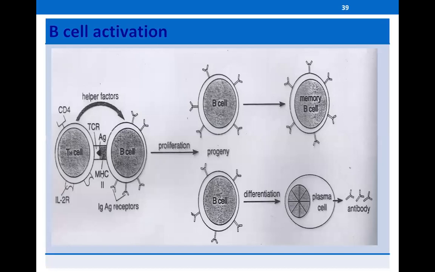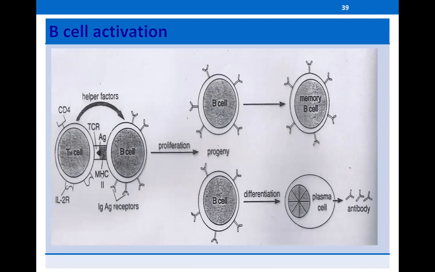Okay, let's talk about B cell activation and T cell activation. You've been hearing this differentiation a lot of times. So this one is your T helper cell. As mentioned, the T helper cell stimulates your B cell, and the B cell will proliferate and differentiate into two.